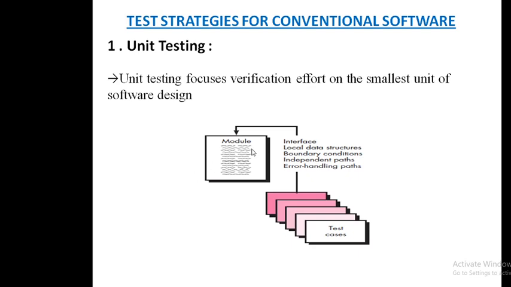Inside each module we may have different points: the interface for that module, local structures, boundaries, independent paths, and error handling paths, etc. For all these individual concepts in that module, we write different test cases to test that unit. So this overall concept is called unit testing.